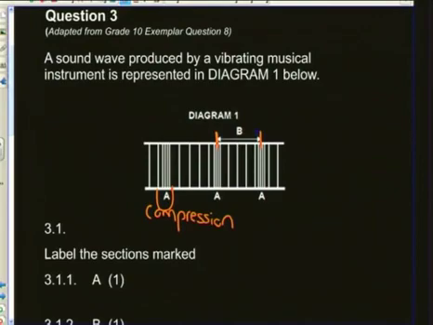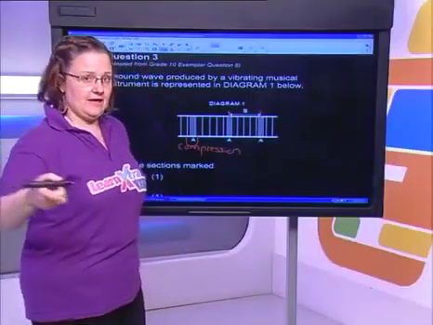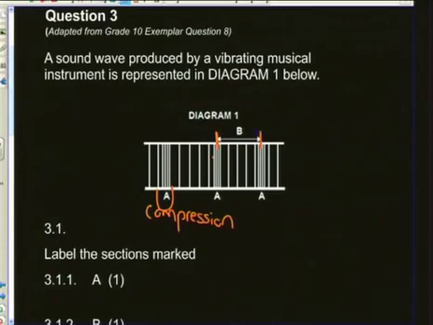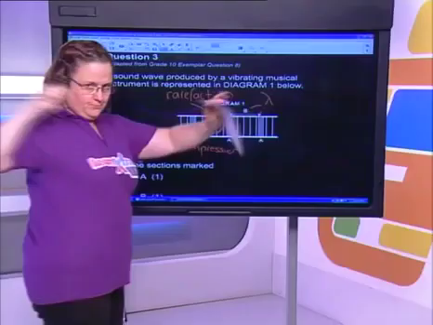And we've already said that wavelength is the distance between 2 consecutive points in phase. This point on the wave and that point in the wave are in phase. They are one after the other. So B is actually the wavelength of my wave, okay? And this middle part here, which they haven't labeled, but we're going to put it in there anyway, is a rarefaction. Okay, that's where it pulls apart.